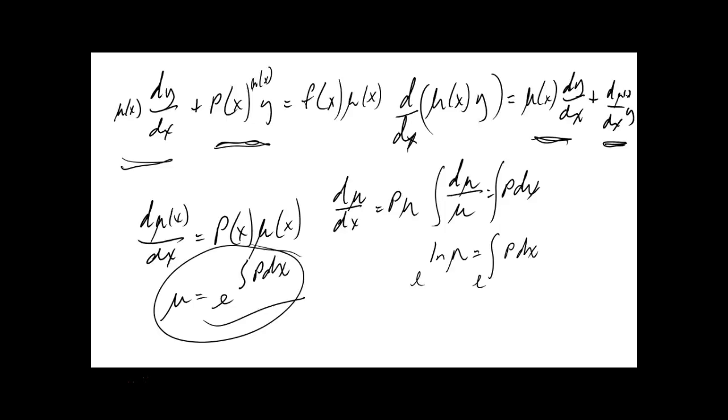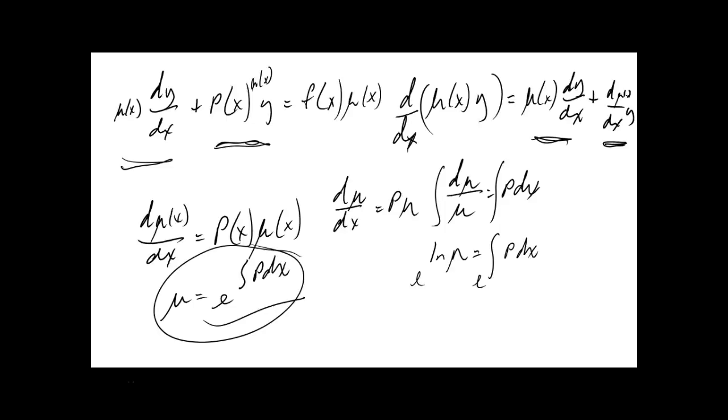Secondly, identify that p of x that you have, which is the coefficient of y. Integrate that dx, and whatever that turns out being is the exponent of e. Now, when you're doing that integral, don't insert a constant. Just leave it alone. We'll get to the constants later.